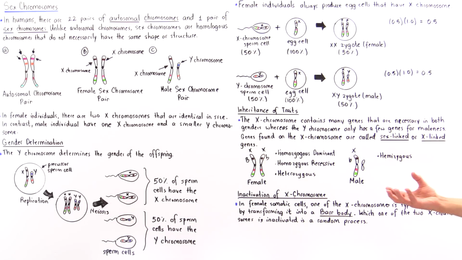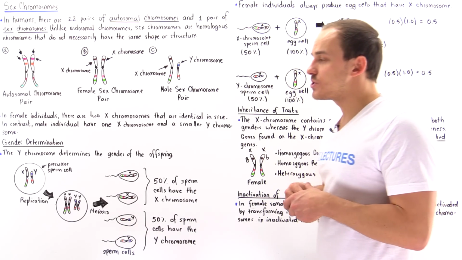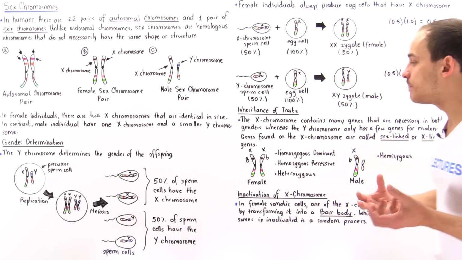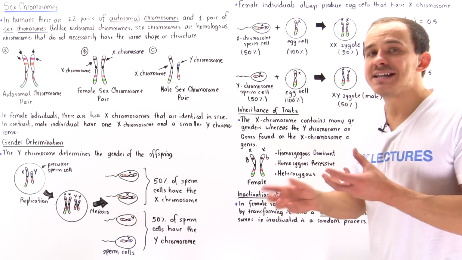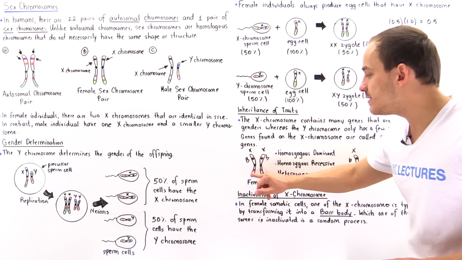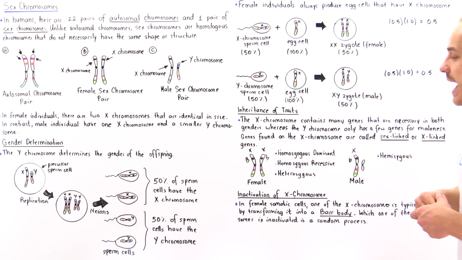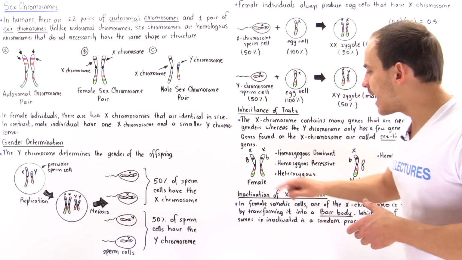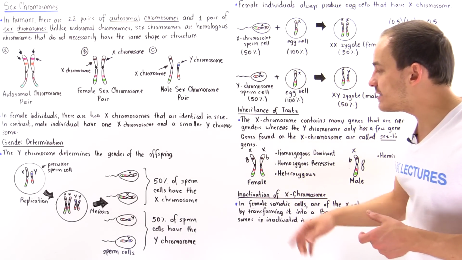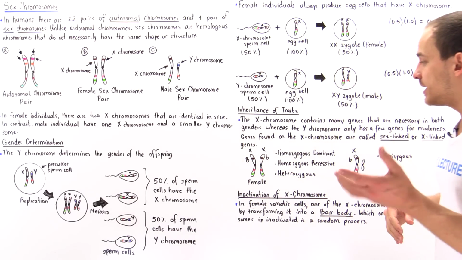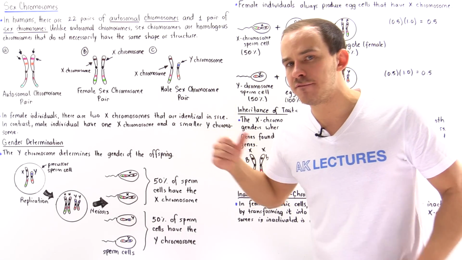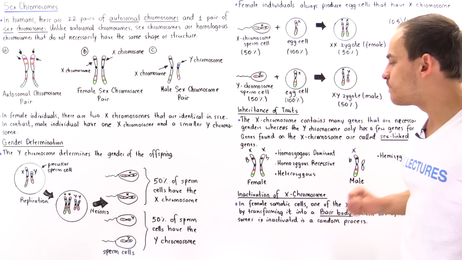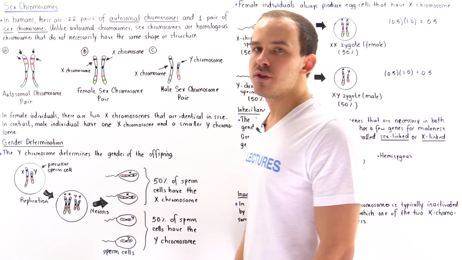Now, which one of the two X chromosomes is transformed into the bar body is random. And what that means is it's random which one of these will transform into the bar body. So in about 50% of the somatic cells, this chromosome is transformed into the bar body and becomes inactive, but in the other 50% of the somatic cells, it's this chromosome that is transformed into the bar body.